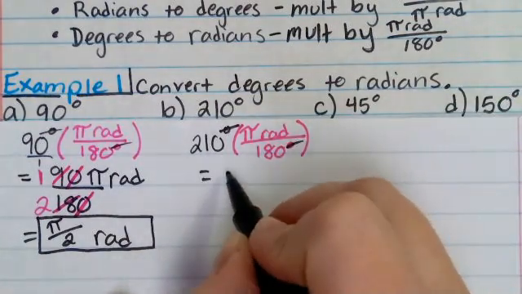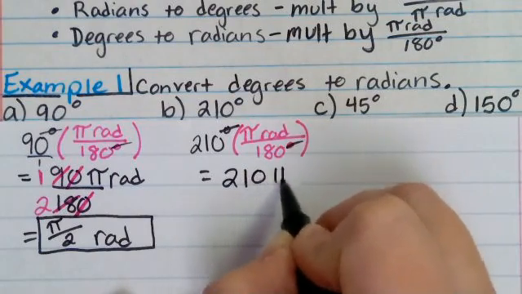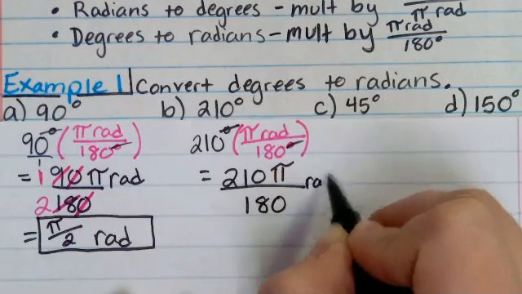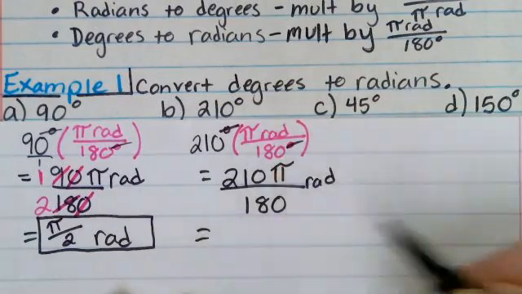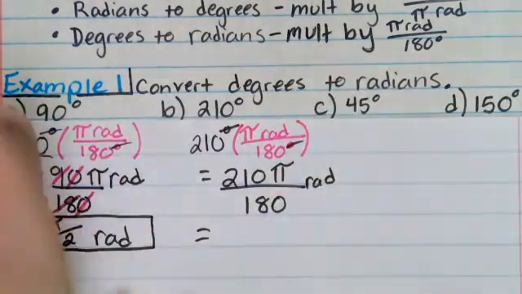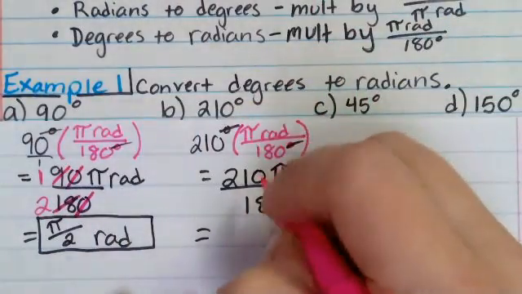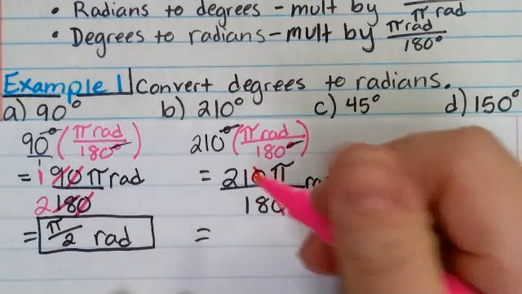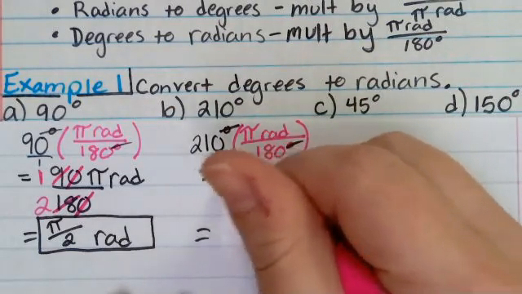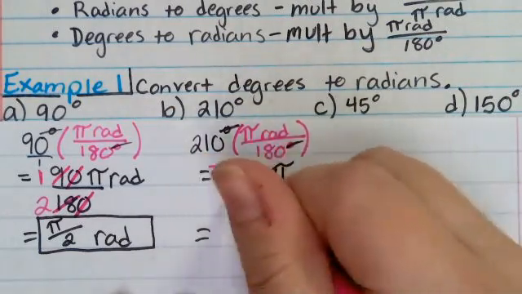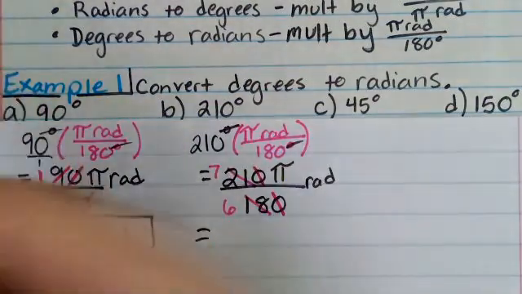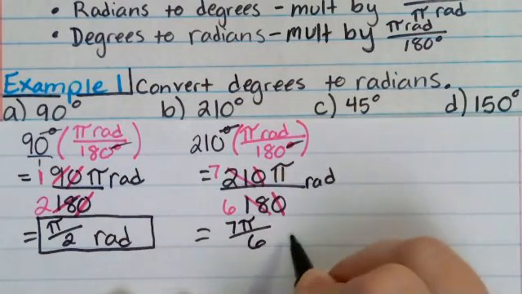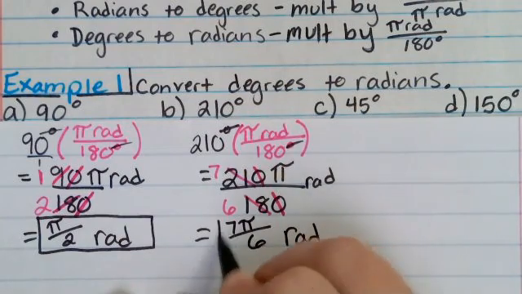So really this leaves me with 210 pi over 180, and this is now in radians. We're going to reduce some more. If I divide by 10, those zeros cancel. If I divide by 3 on top and bottom, this gives me 7 and 6. So really, this is 7 pi over 6 radians.